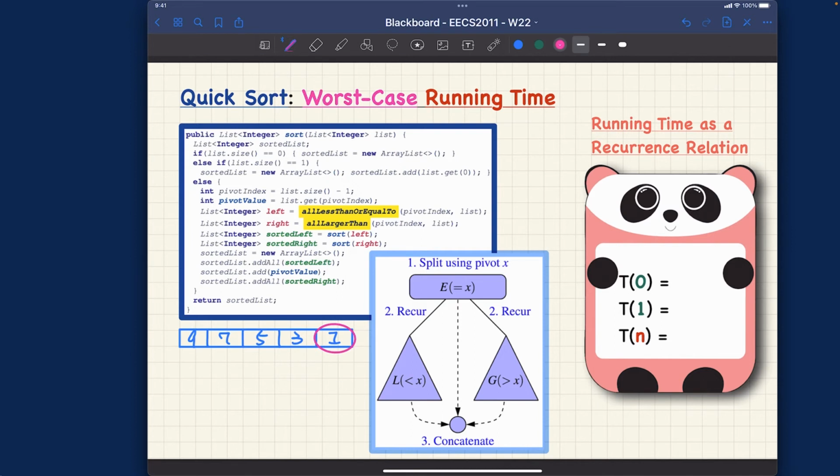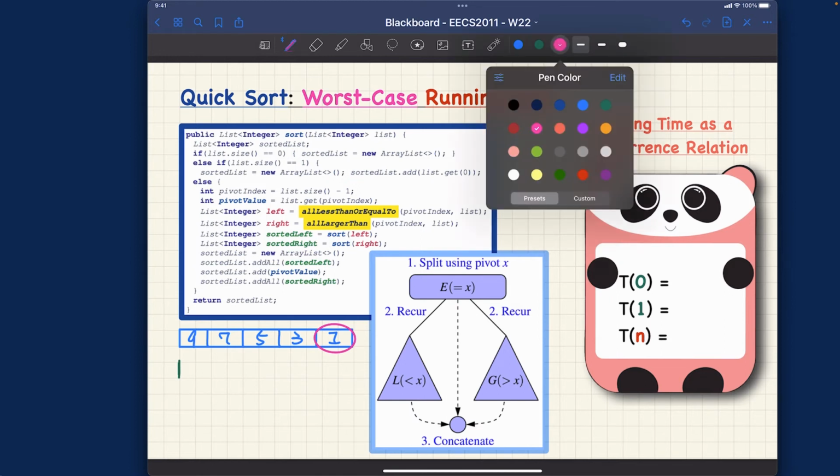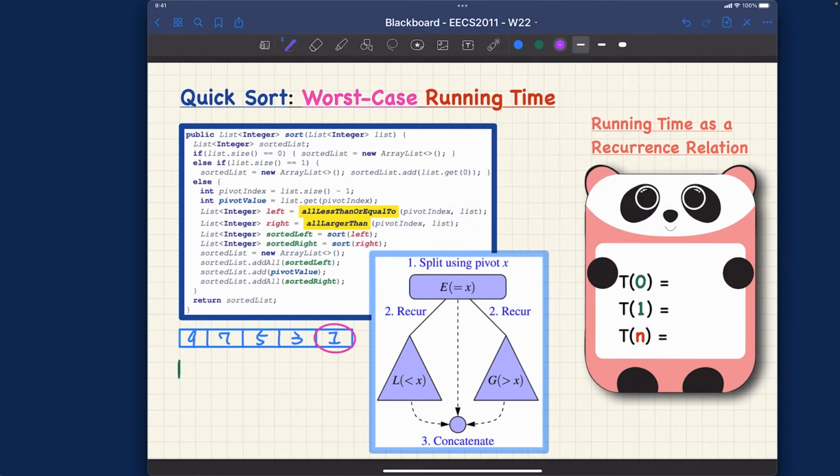Once we have chosen this, what would be the left and right? In this case, we only get a right list, because every other element over here is strictly larger than 1. So we get an empty left list, and all the remaining elements belong to the right.